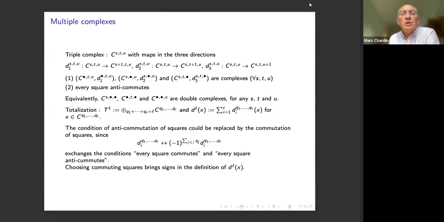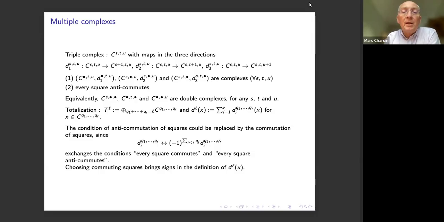Let me say that in the multiple case you have two possibilities. You can ask the squares to anti-commute, or you can ask the squares to commute, and this is essentially equivalent. One passes from one to the other by a change of sign.